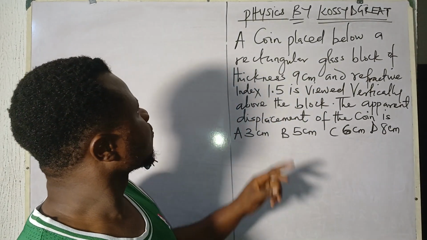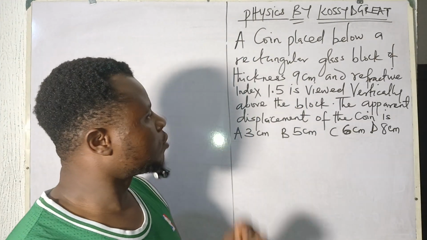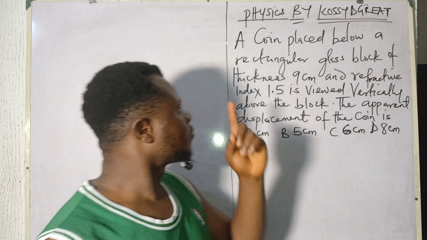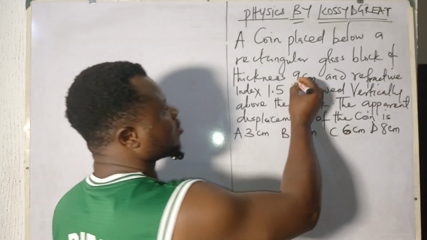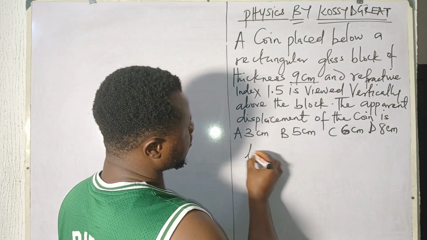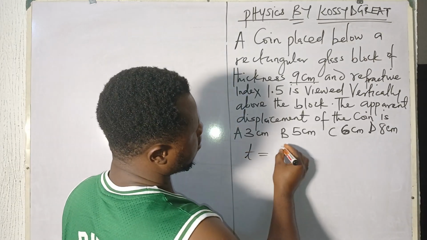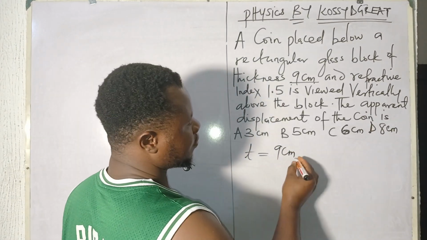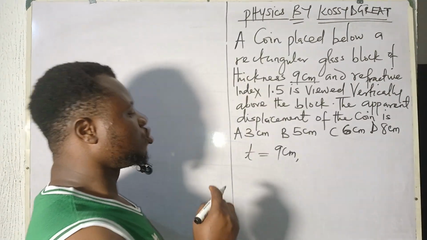The question says, a coin placed below a rectangular glass block of thickness 9 cm. Take note of this: the thickness of the glass block is 9 cm. Very important. And the refractive index is 1.5.